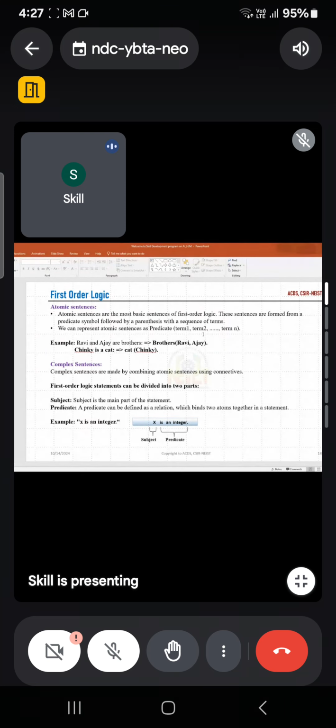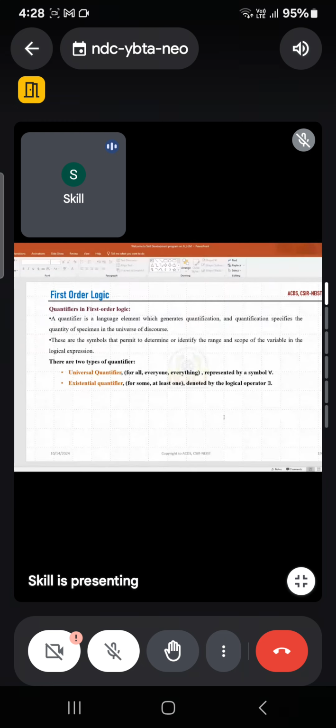So in the complex sentence we have the subject as the main part. In the example, x is an integer: x will be your subject and is an integer is the predicate, which gives the definition about the subject.